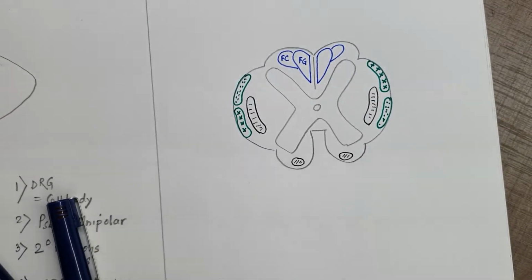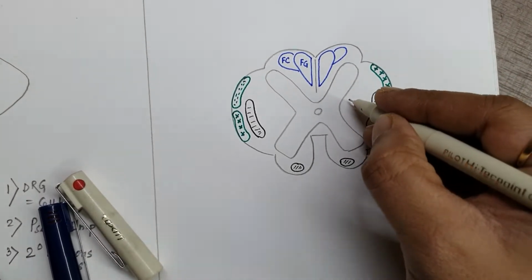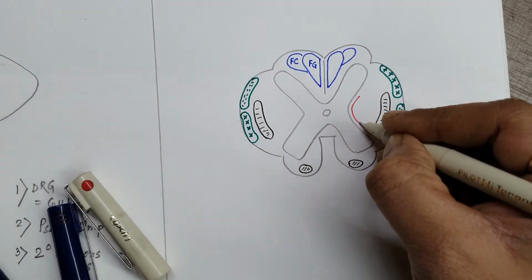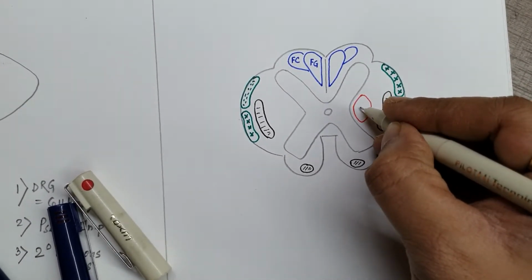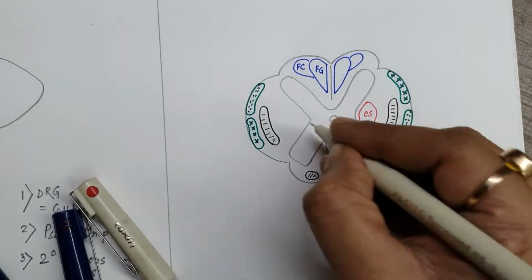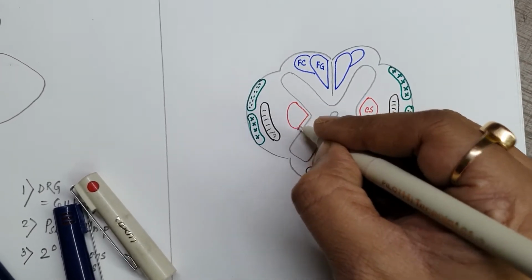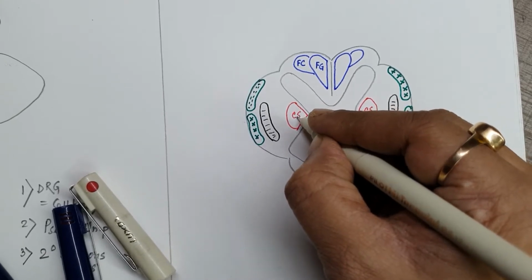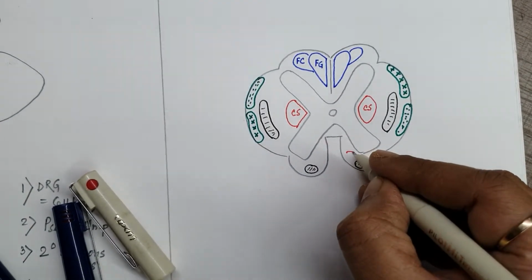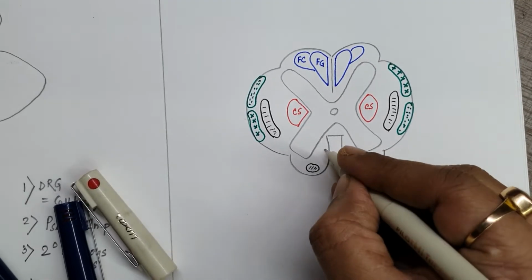And last but not least are our corticospinal fibers. Descending tract, the lateral corticospinal fibers. And this one is the anterior corticospinal fiber.